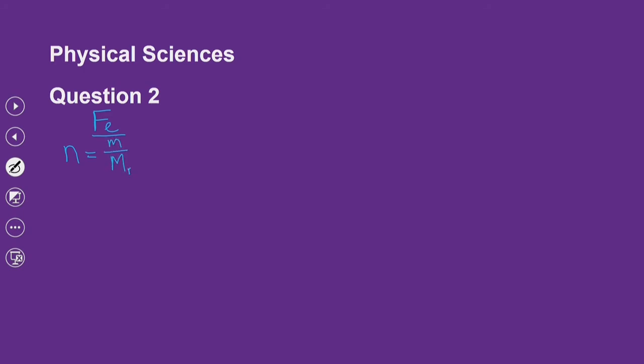Now I put a little r there because it's a relative molecular mass or molar mass. It's the same thing. It is equal to the mass they said for iron, which was 20. What is the relative molecular mass of iron? It's 56. Remember, you don't need to memorize all these things. It's on the data sheet or it's on your periodic table. And that gives us 0,357, and the unit is mole.